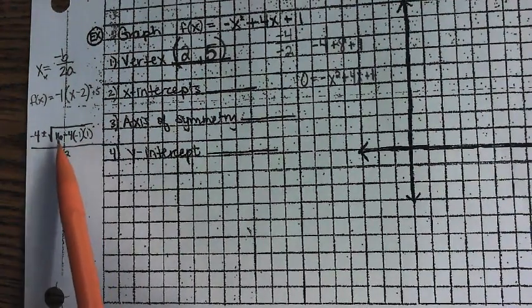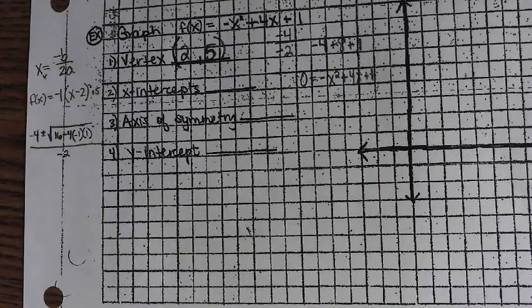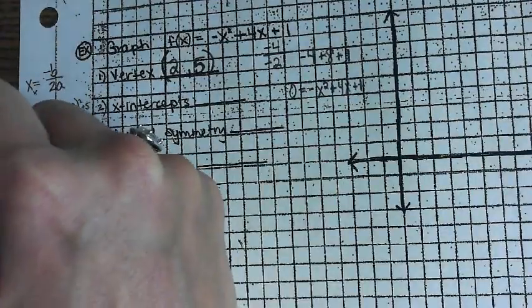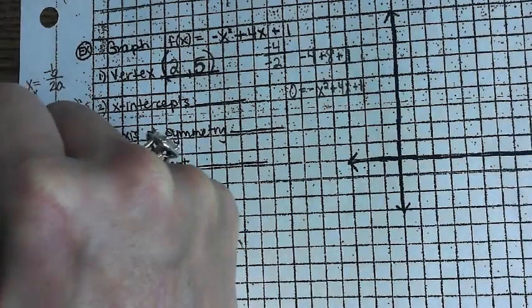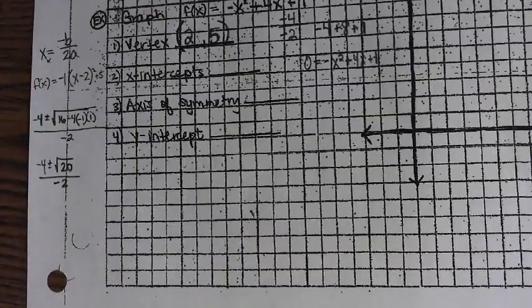So it's actually going to be 16 plus that product 4. Yes, 16 plus 4 is 20. And then if we reduce root 20 to 4 times 5, it'll be 2 root 5.